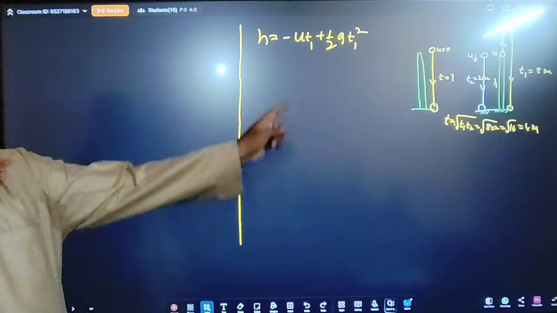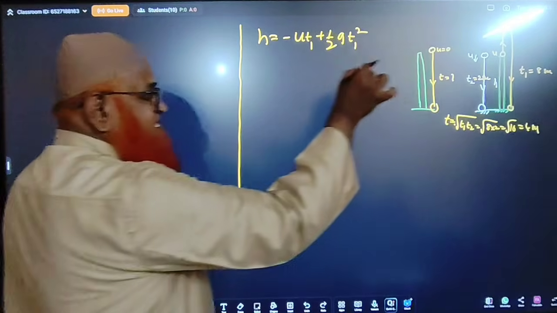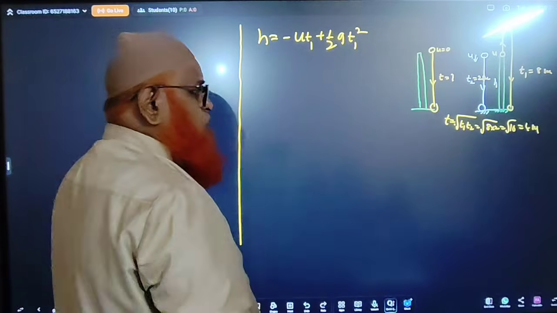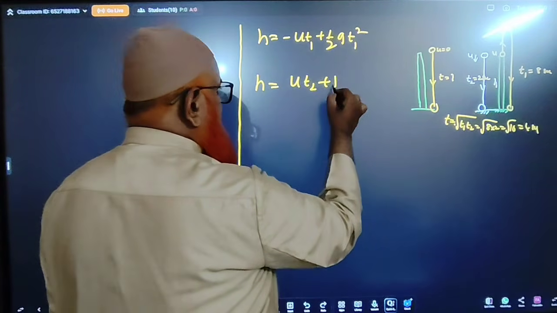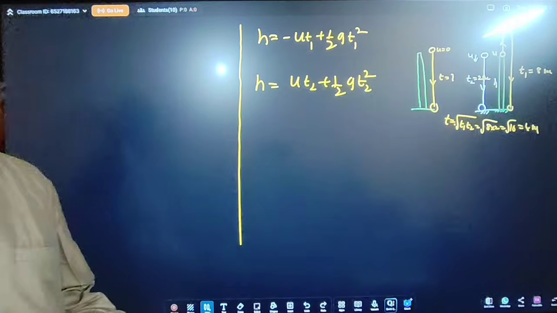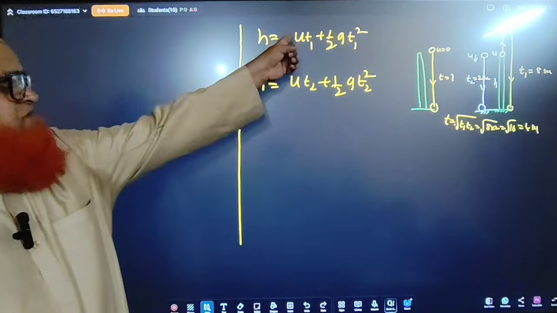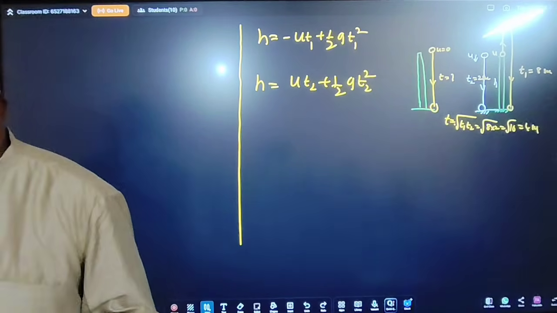The first situation, time taken is t1. This is the first one. Now, the second situation, when you throw a body downwards: h is equal to ut2 plus half gt2 square. Am I right or not? Here there is minus, here there is no minus. This is the second situation.